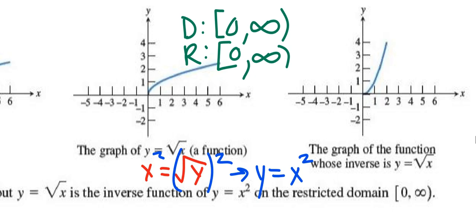Correct. But the algebra that we just did has a limitation, and the limitation is that we didn't start with the full, this range right here. What happens when you switch x and y? What happens to these two things? What happens to the domain and range when you switch x and y? They switch, don't they?